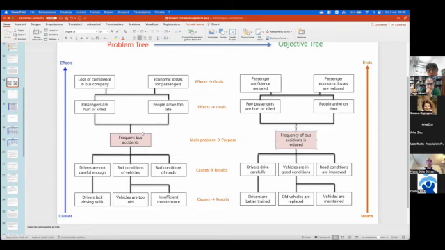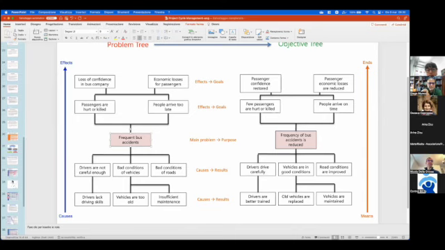But then this one central problem has some higher level effects, which in the objective tree would be the overall objective. So how our project contributes to a general situation. Now, this is the classic way of analyzing problems and objectives.